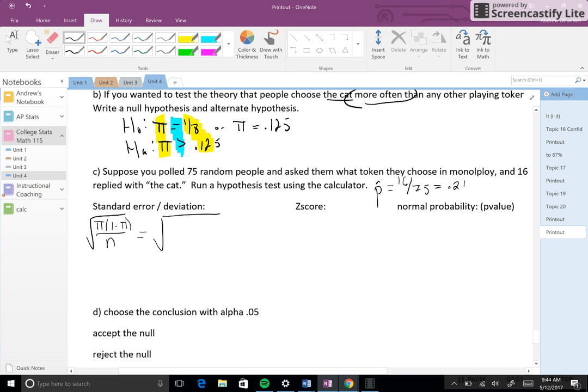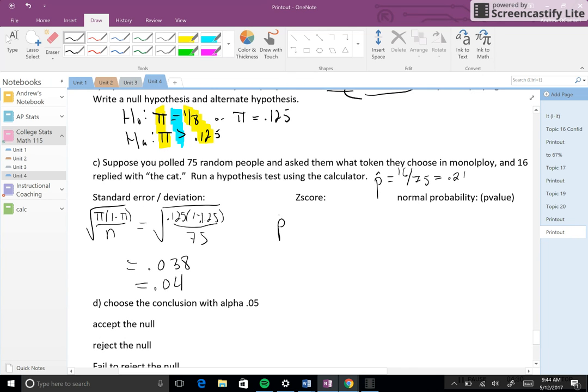If we were using a confidence interval, we would have used a p-hat. So in this case, pi would be 0.125, 1 minus 0.125, over the sample size, which was 75. You should get 0.038. If you round that to 0.04, that's just fine.